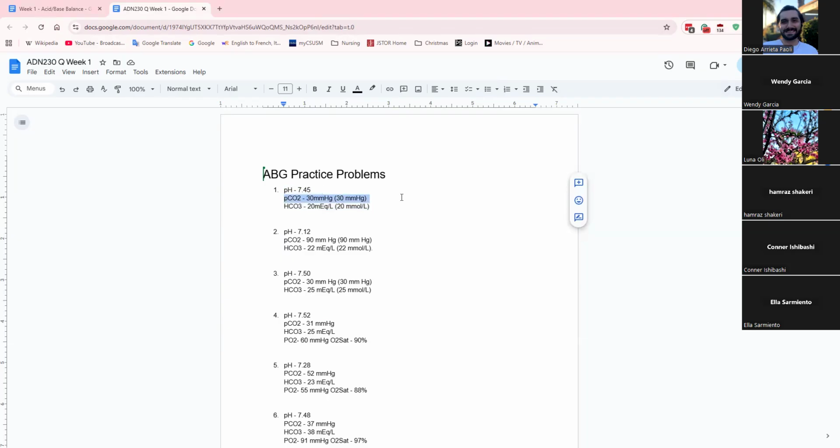What about this CO2 30? Is this within range or abnormal?